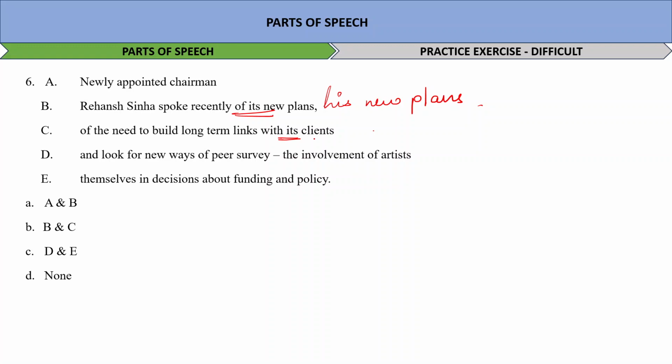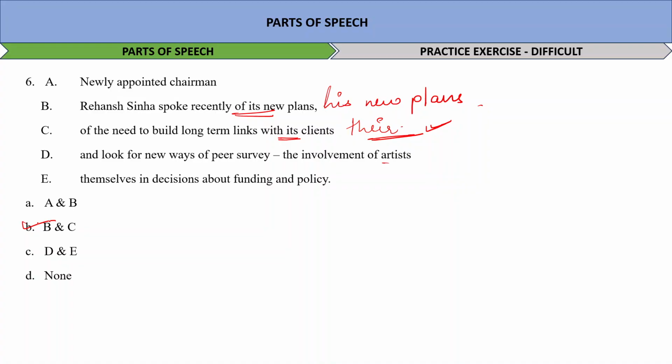And then look for new ways of peer survey, the involvement of artists themselves in decisions about funding and policy. Okay, so the involvement of artists themselves in their decision about funding the policy, long term links with their clients. It should be their clients and look for new ways of peer survey. So the error which I see here is in option number B and C.